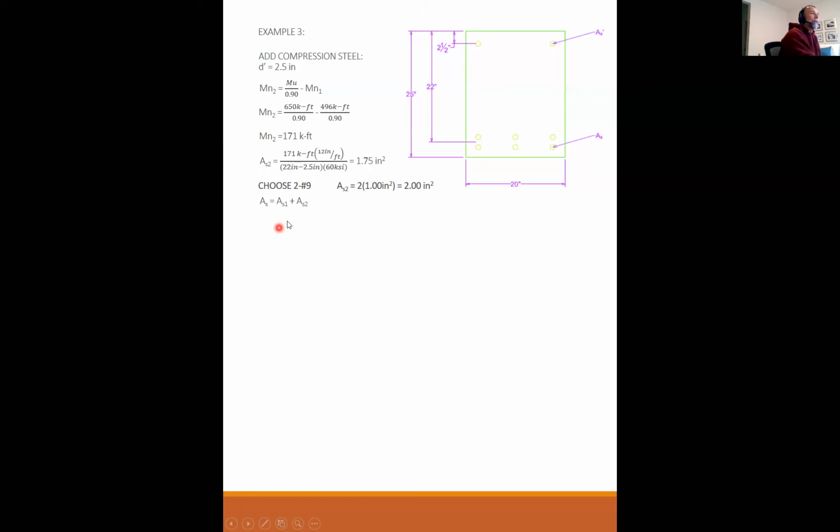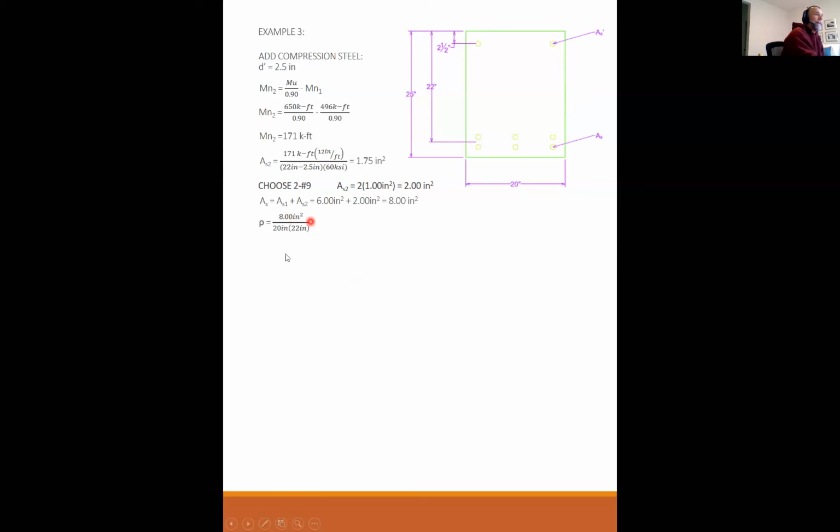So As is equal to As1 plus As2. I had 6 square inches, plus I added 2 square inches, for a total now of 8 square inches. So I'm proposing to have 2 number 9s up here and 8 number 9s down here.